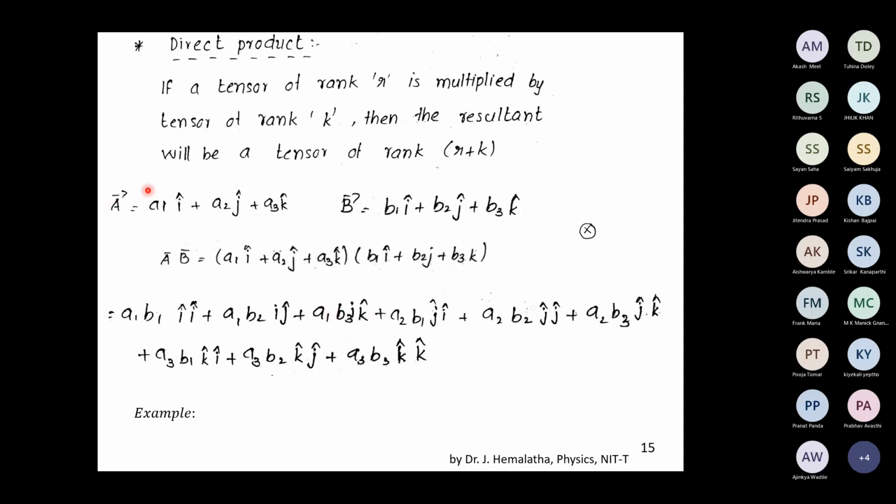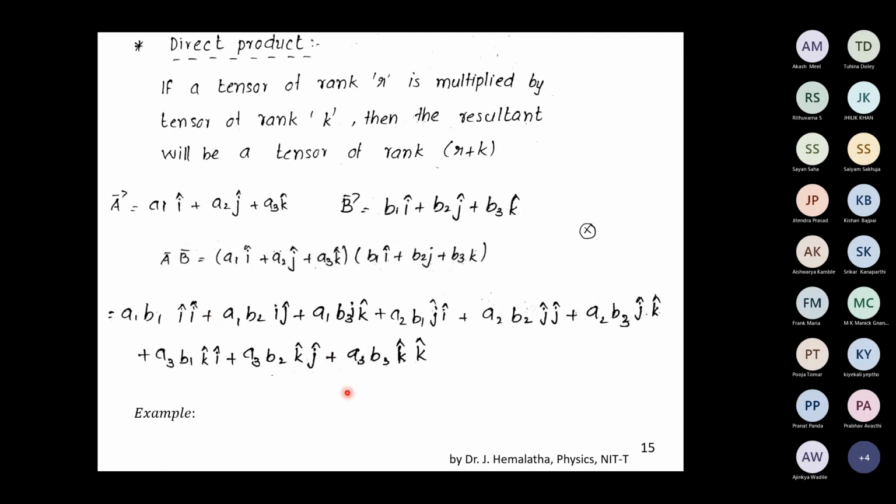Already what you used was a tensor of rank 1, and that was multiplied by another tensor of rank 1. So what is the product? It is a tensor of order 2, because now this can be written in the form of a matrix also. 9 components are there. You can write in the form of matrix, and it involves 2 directions. So it defines a tensor of rank 2.